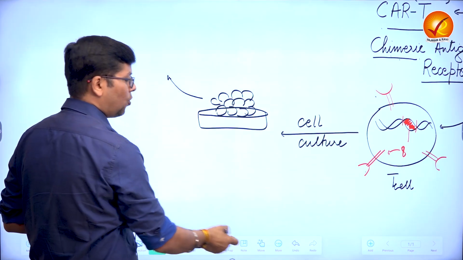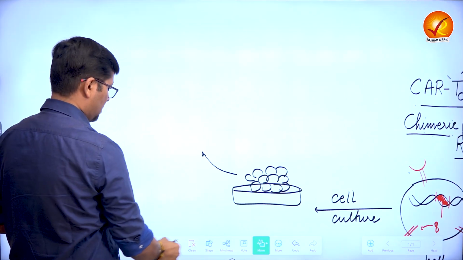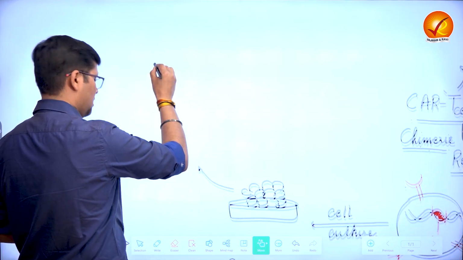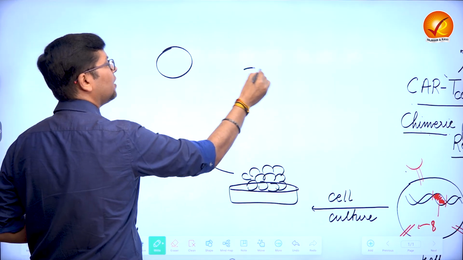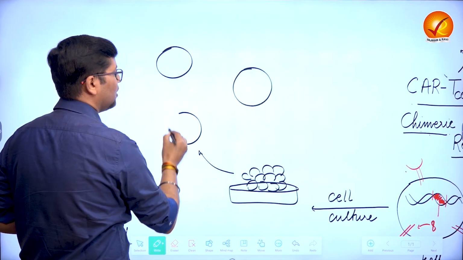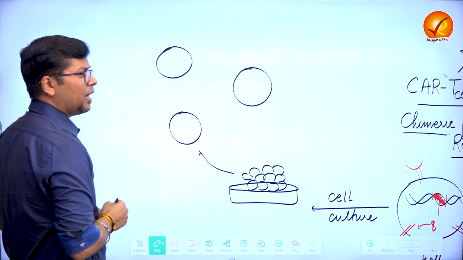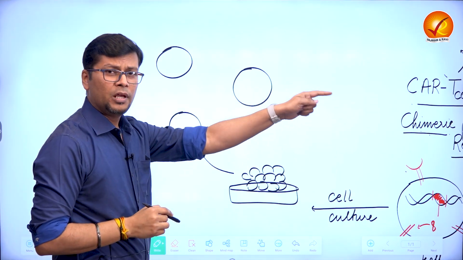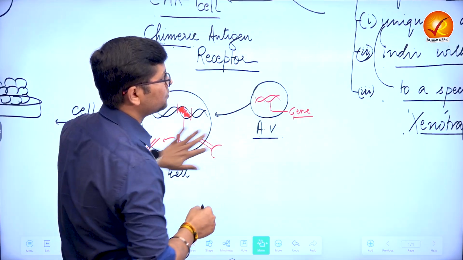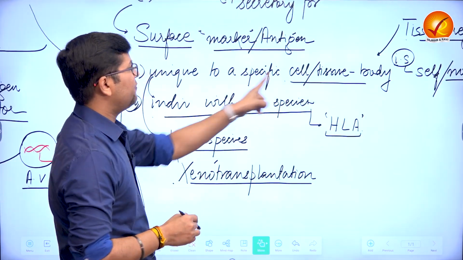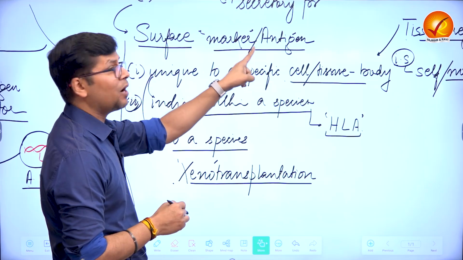And you know what? Within the person's body, you already know that the cancer cells are present. And back then I told you, every specific cell has a unique surface marker or an antigen.